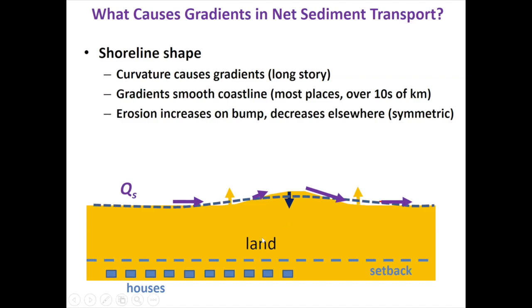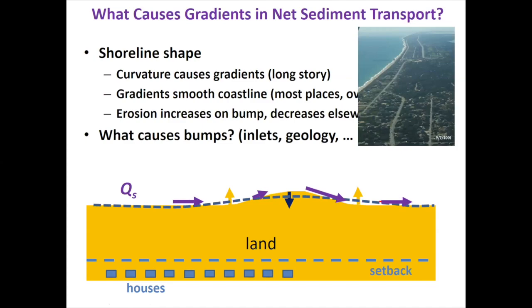And this effect on the flanks of this bump is completely symmetric for subtle bumps. This is perhaps a little counterintuitive, since we've got a net direction of transport here, that left is not the same as right as far as the net sediment transport goes, but the effect of the smoothing of the bump is symmetric, and that'll come into play when we talk about stabilization shortly.